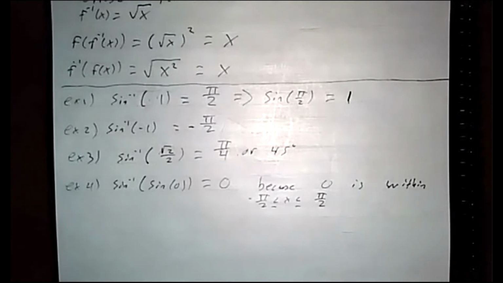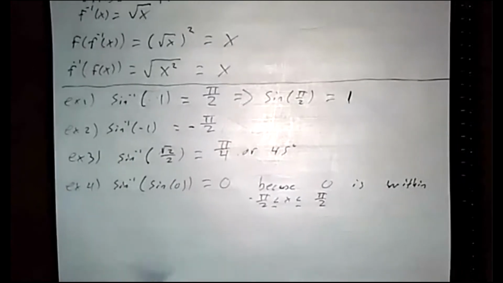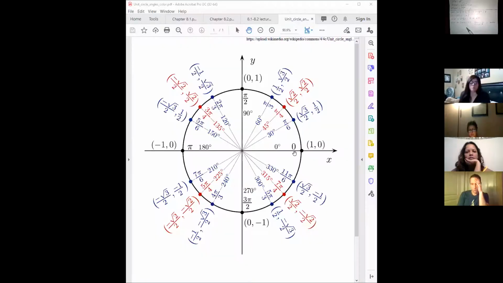How is 0 between negative pi over 2 and pi over 2? Can you show me on the unit circle? Let's look at it. We're saying the range of values goes all the way to pi over 2 and all the way to negative pi over 2. So right in the middle is 0, the 0 angle.